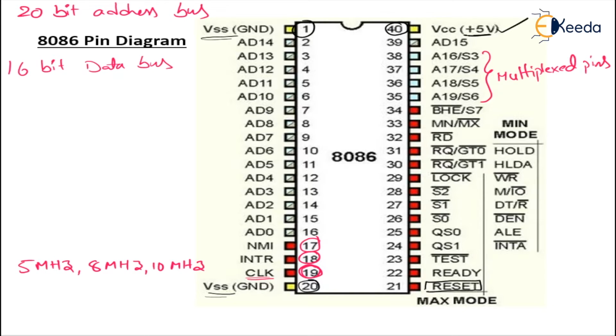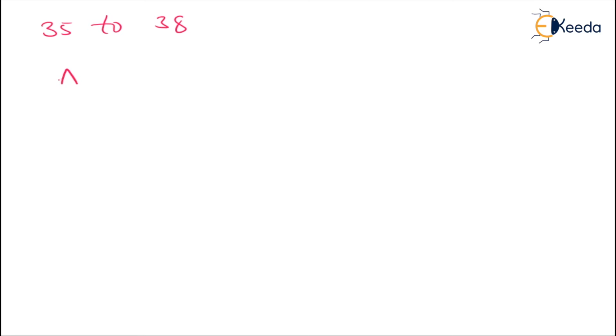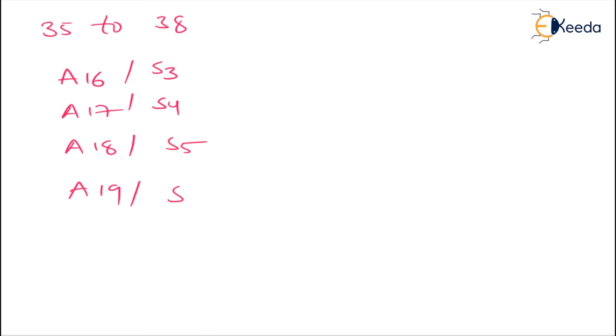Pin numbers 35 to 38: A16, A17, A18, A19 slash S3, S4, S5, S6. These are the multiplexed pins.